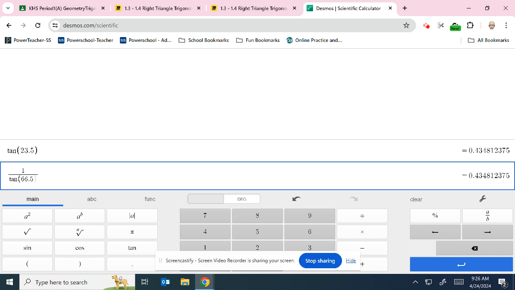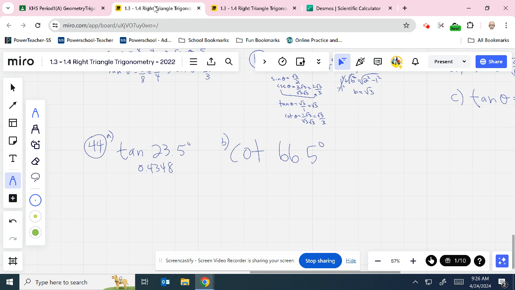Why are those two the same answer? 0.4348. What do we know about 23.5 and 66.5 if you add them together? They're complementary angles. They add up to 90 degrees. The tangent of one angle is going to equal the cotangent of its complement.